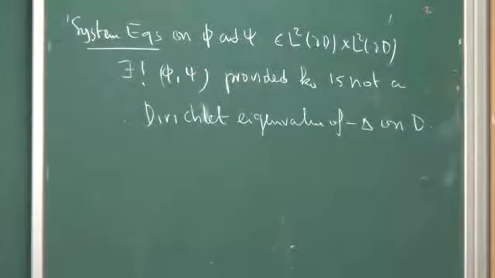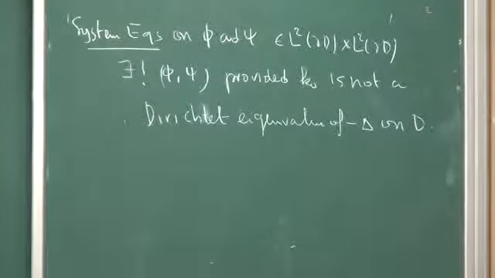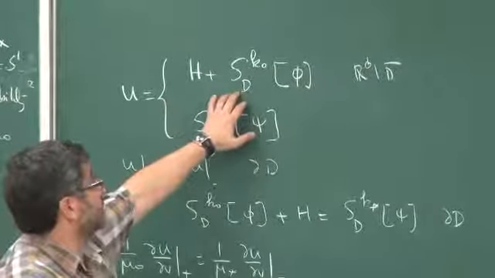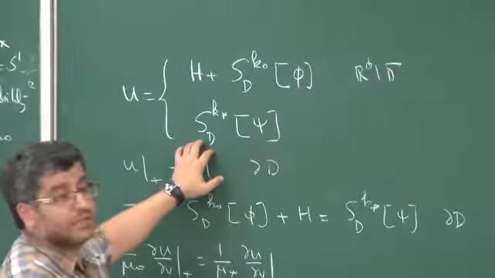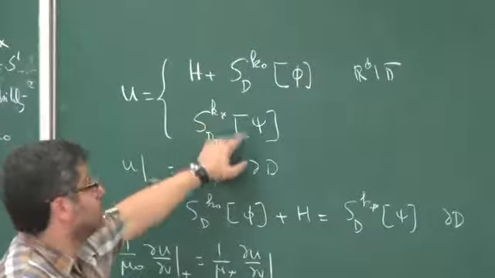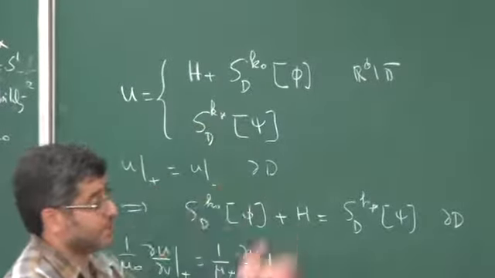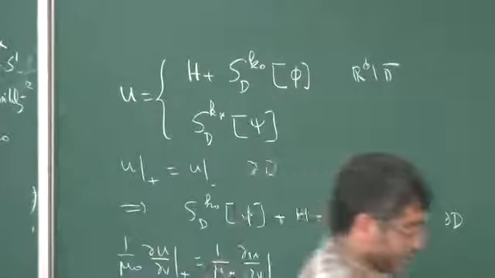And since there is a unique solution to this system, u can be represented by this pair of density functions, phi and psi. Outside it's h plus the single layer potential of phi, and inside it's the single layer potential with k star of psi, which is the unique solution to the system.